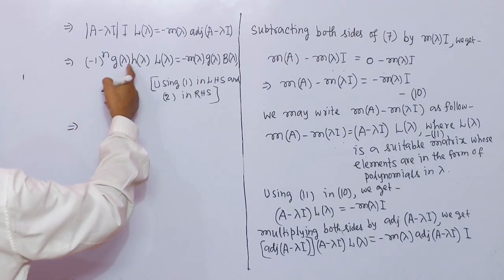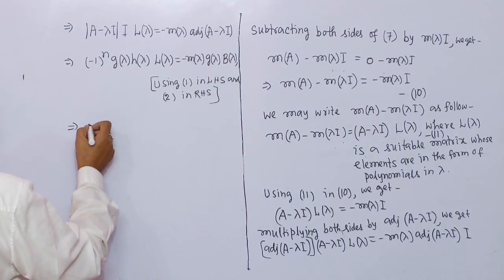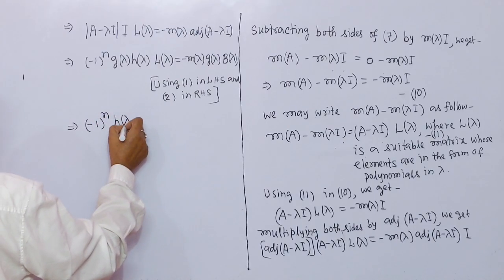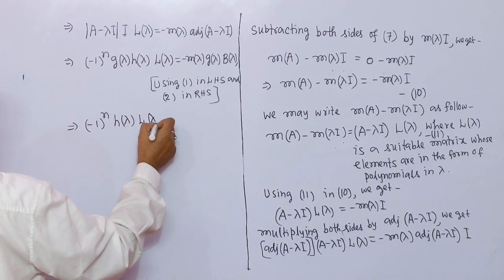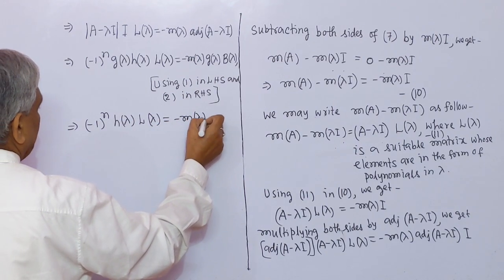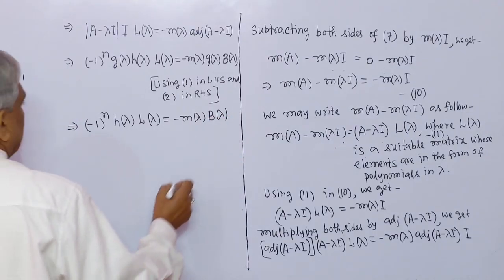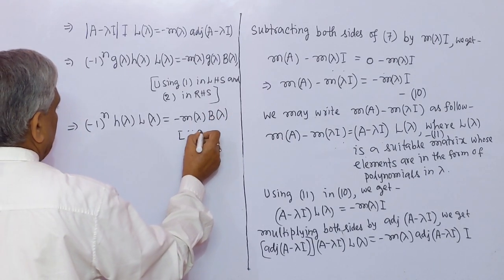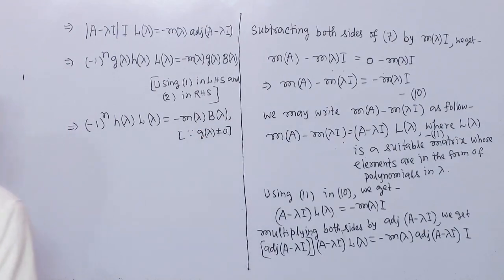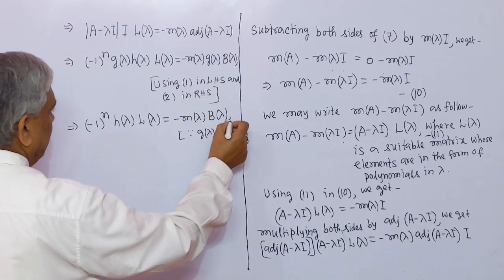This implies that g lambda is a non-zero polynomial. We cancel this. This means minus 1 to the power n h lambda L lambda equal to minus m lambda B lambda, since g lambda not equal to 0 and we cancel this from both sides. This is number 11.